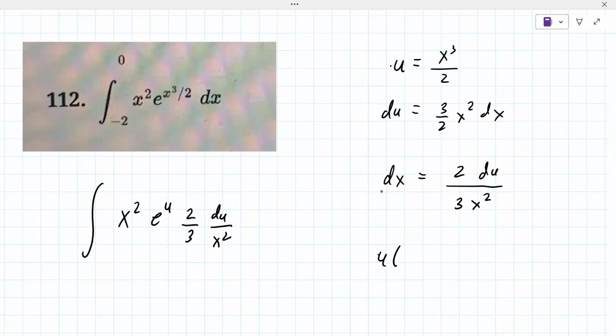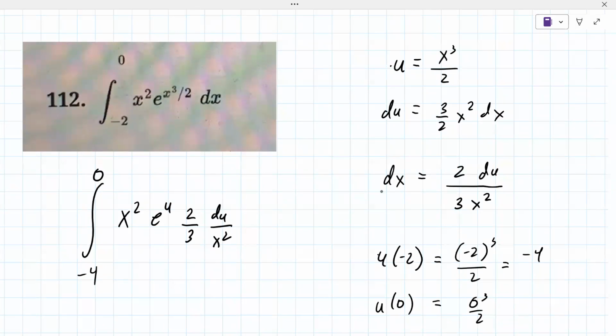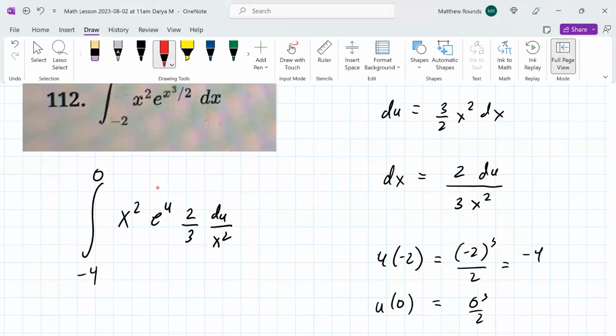To do that, you find u of -2, which means putting -2 in for x. That's -8 over 2, which is -4. Then 0 in for u, which is 0 cubed over 2, which is 0. You can see that the x's cancel.